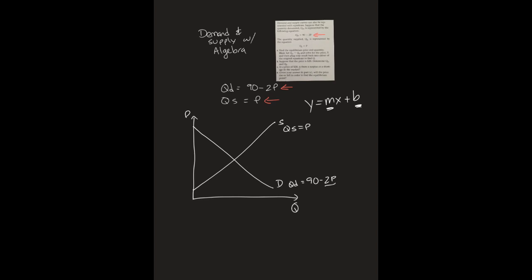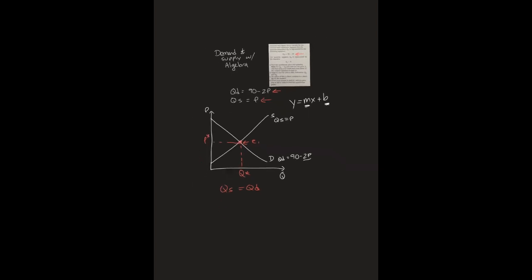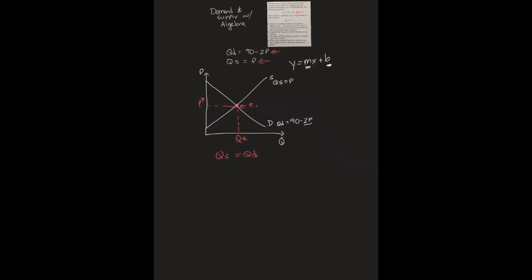Okay, so what we're trying to find with algebra is Q star and P star. In order to do that, we're going to set quantity supplied equal to quantity demanded in order to get that equilibrium level. Okay, so how do we do this? Let's set 90 minus 2P equal to P. So 90 equals 3P, and price is equal to $30.